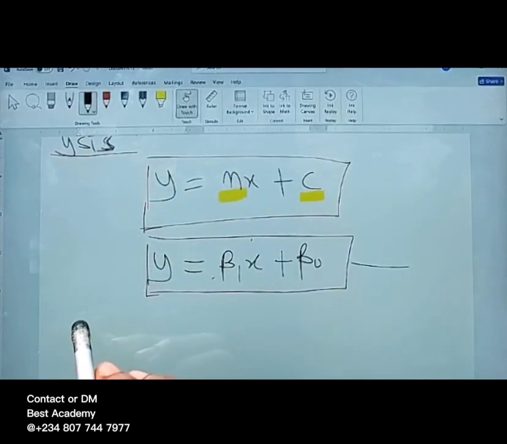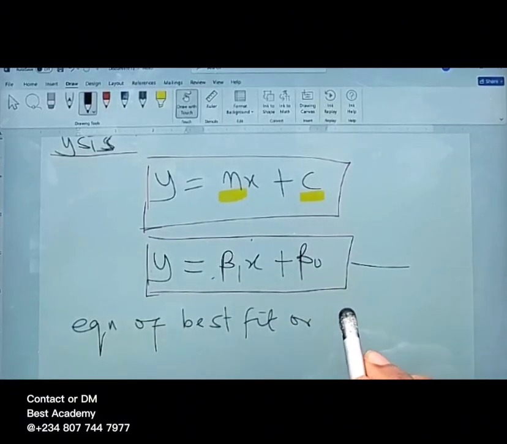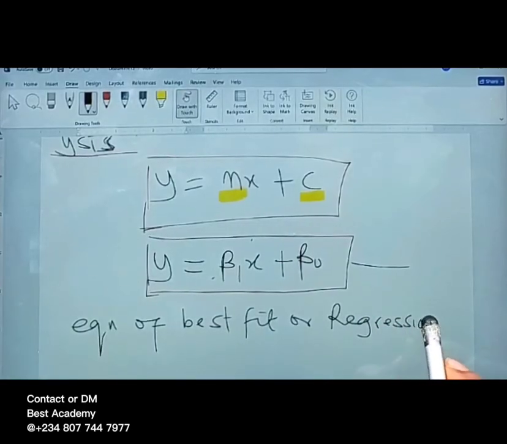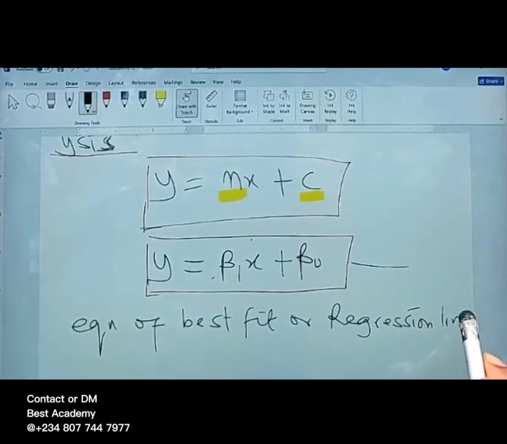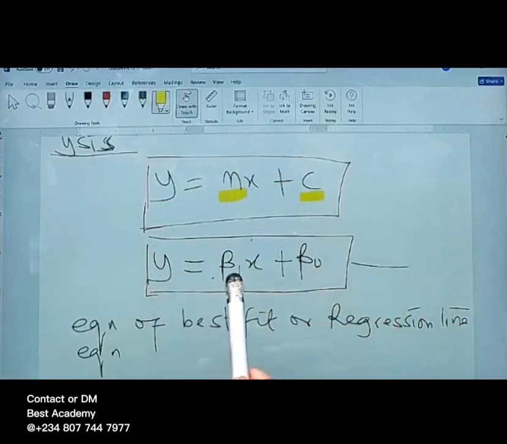Equation of best fit, or you can call it regression line equation. So why is it called equation of best fit or regression line equation? Because it shows the relationship between the x and y.